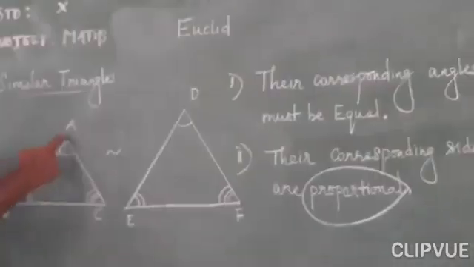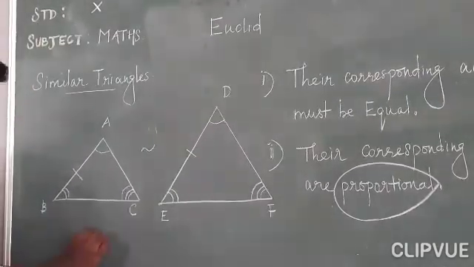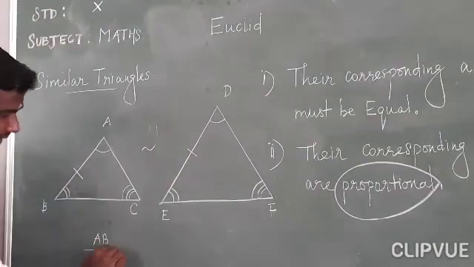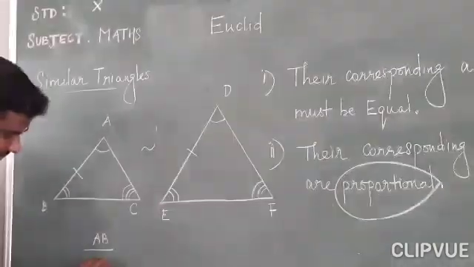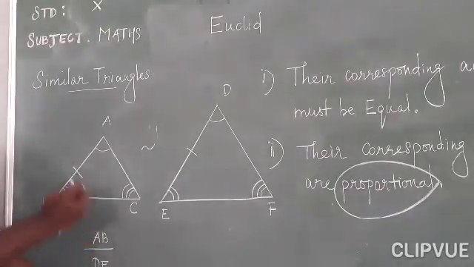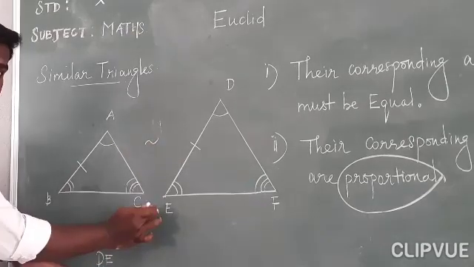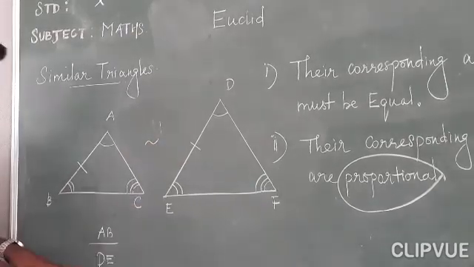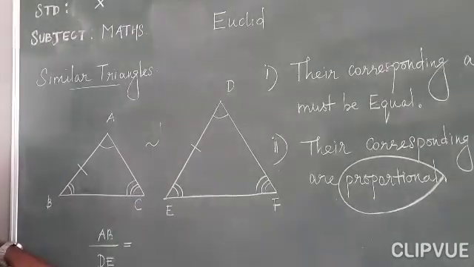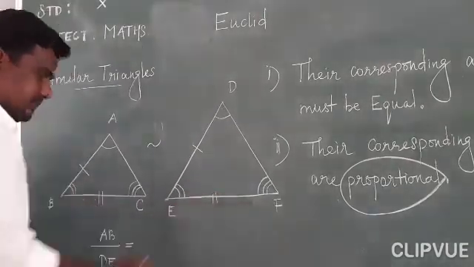This AB corresponds to this DE. So AB by DE is the ratio of the first side. I have to write AB by DE, which is equal to the second one, BC corresponds to EF.